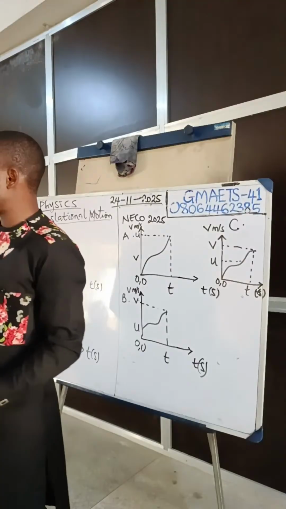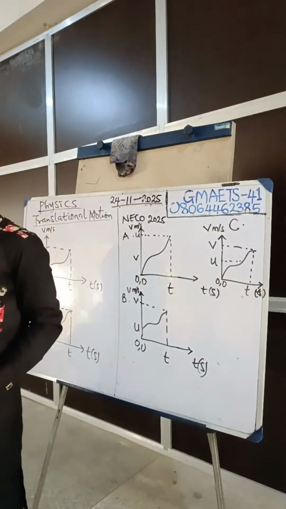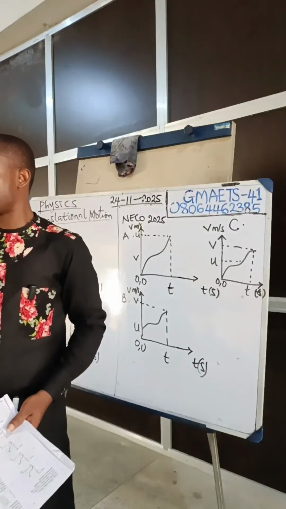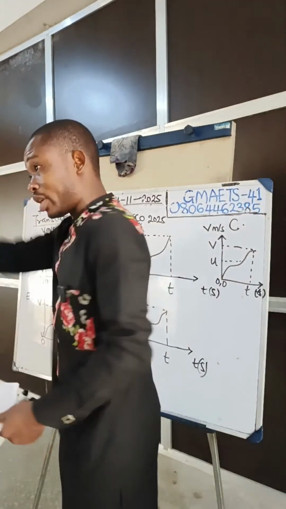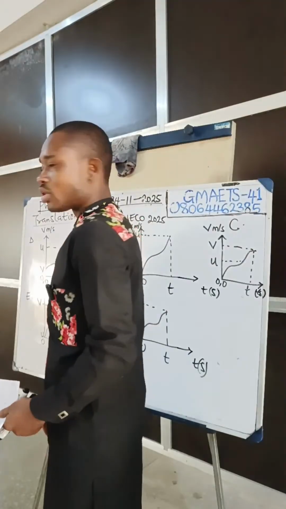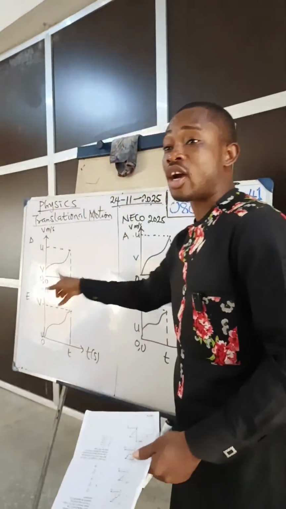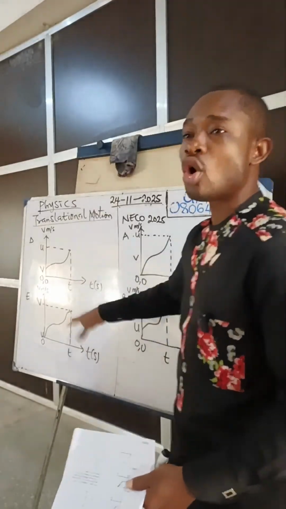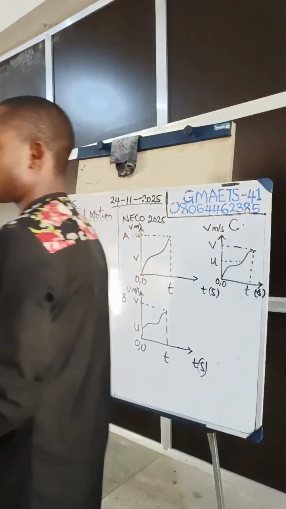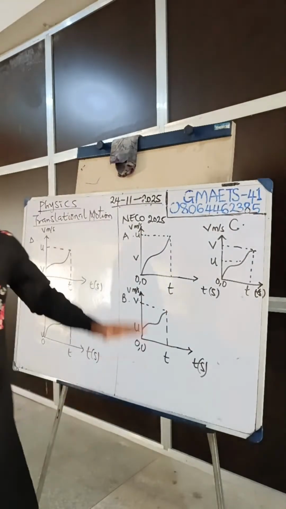So you want to differentiate between a linear graph and what? A non-linear graph. A linear graph, the graph is a straight line. We just answered one question, you saw straight lines connected, is that not so? So because these graphs you have here are curves, these are non-uniform motion graphs. Now, which of them is the correct answer here?